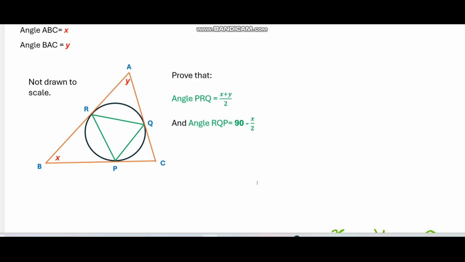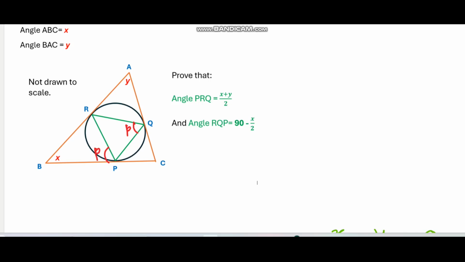Which is to show that this angle is 90 minus x over 2. But incidentally, this angle that we are after, which I'm going to call small p, is equal to this angle because of the alternate segment theorem.